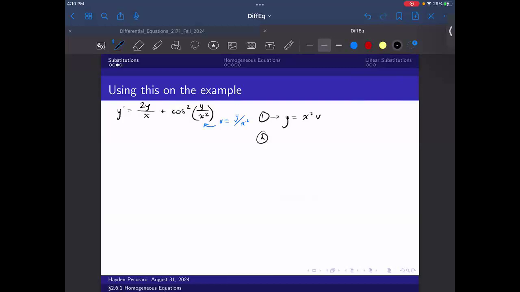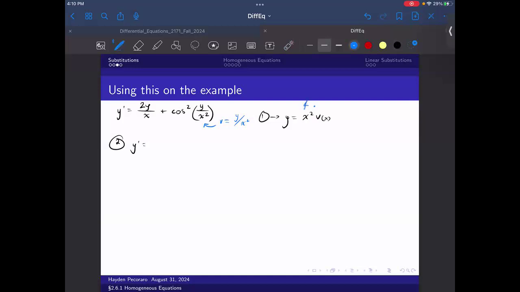Compute y prime. And actually, let's do this a little further over. y prime using this expression. Okay, well, think of v as being dependent on x. So v equals v of x here. And so we want to do a product rule.